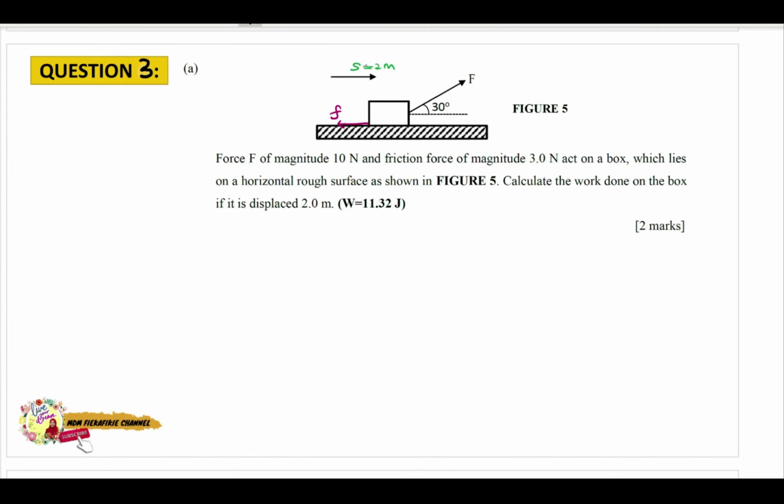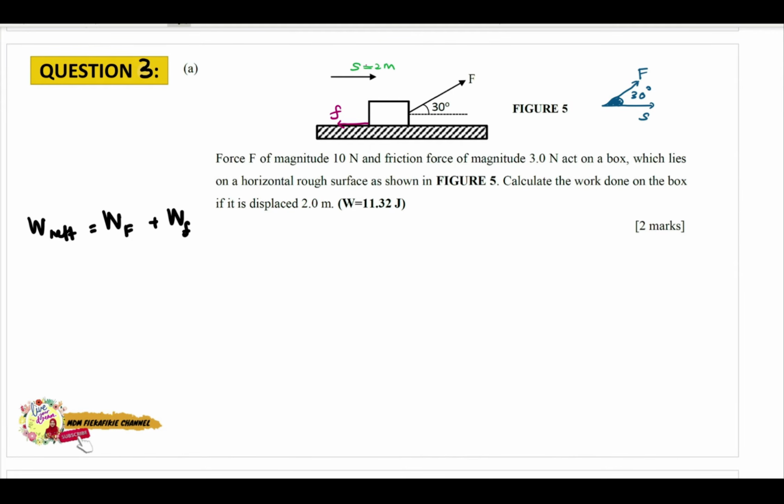Kita nak kira total work done kan, ataupun W net. Means that work done by the external force plus work done by the frictional force. Jadi bila you nak kira work done by the external force, you can straightly ambil lah angle F kat sini, S in this direction. So, you akan dapat terus 30 degree.